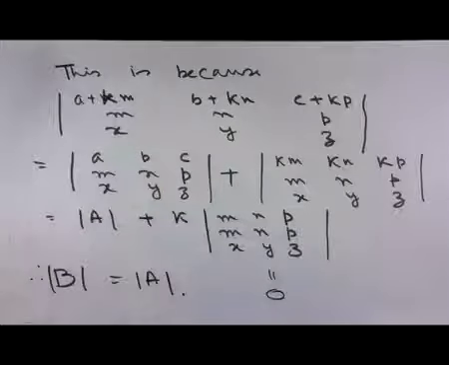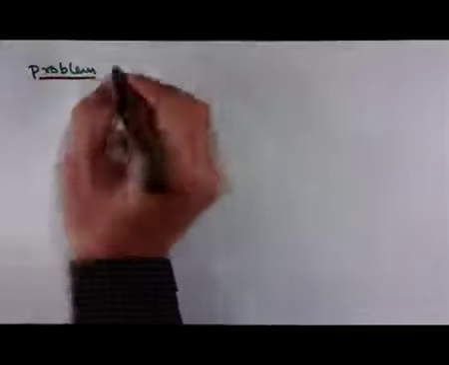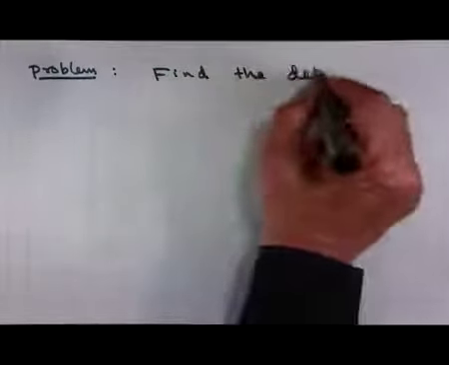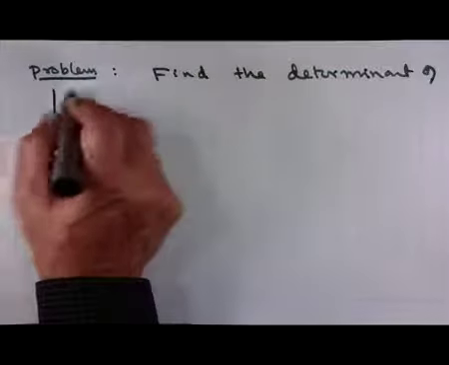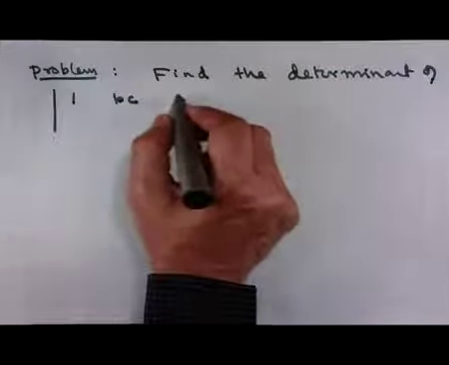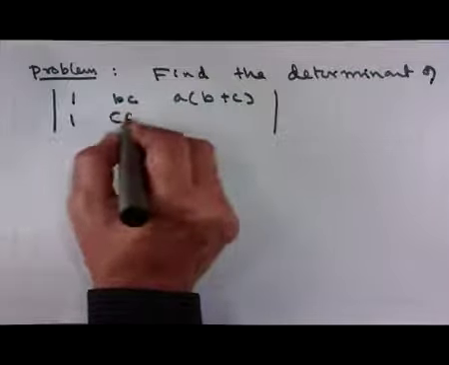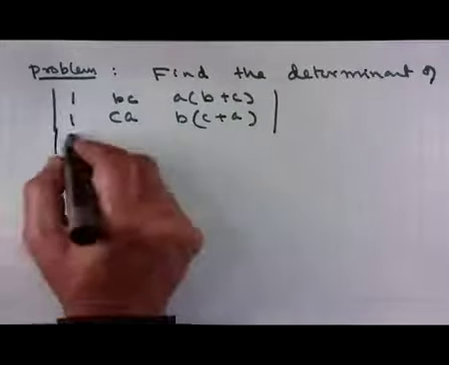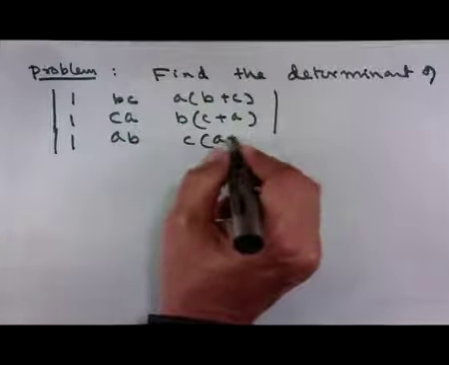Let us now do some more problems. Find the determinant of the matrix with rows 1, a, bc... that is, 1, b, c, a(b plus c); 1, c, a, b(c plus a); 1, a, b, c(a plus b).